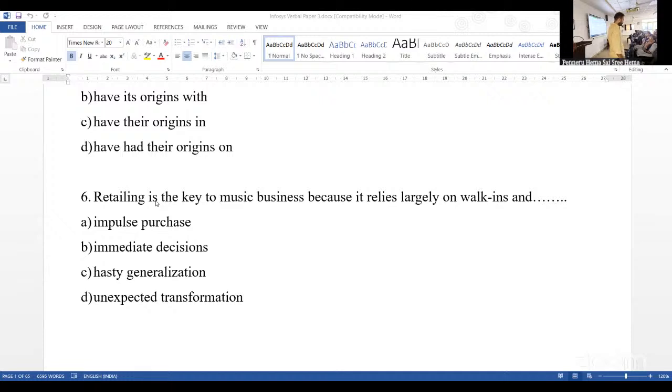So I have a question for you all. What comes first, feeling or thinking? How do you say thinking comes first? Tell me. What comes first, feeling or thinking? Thinking. Okay. For example, you want to buy a dress. You went to a shop. I am asking what comes first? Feeling.